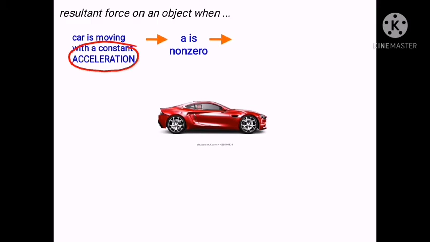What can you say about my resultant force? It will also be non-zero, alright? Remember, resultant force is closely related to acceleration. If my acceleration is 0, then my resultant force is 0, alright?